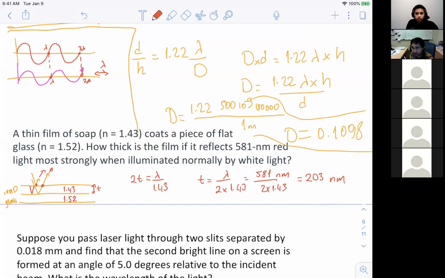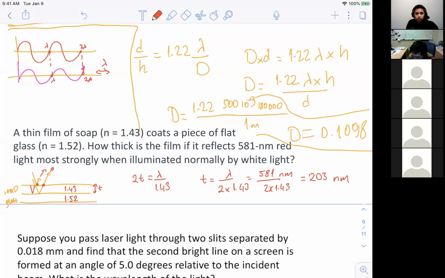What kind of reflection you see is first from the air-soap interface, and the second from the interface between soap and glass. So you see these lights coming to you after they reflect. That's why the light travels in the soap, and that's why I use 1.43.